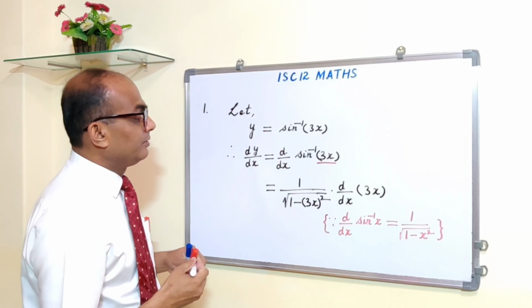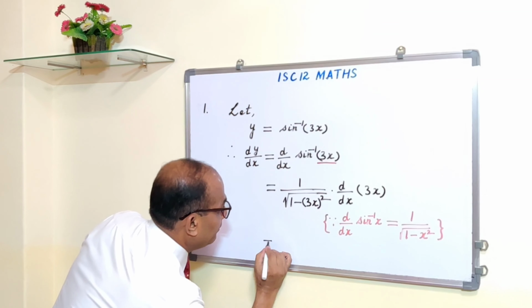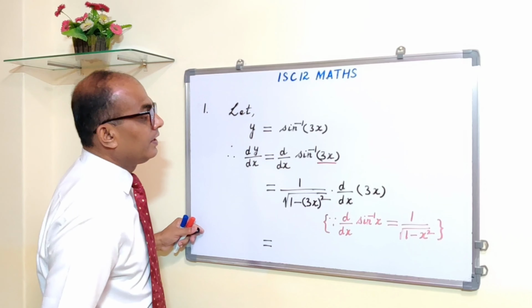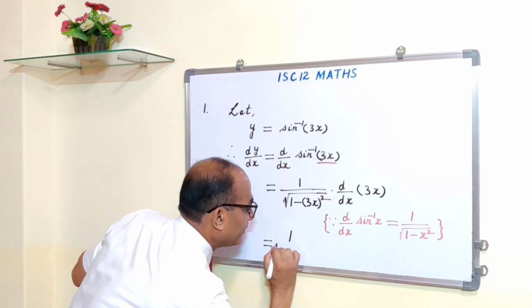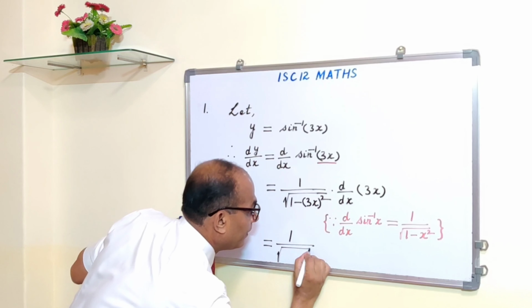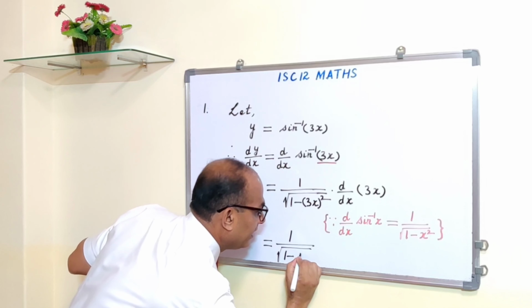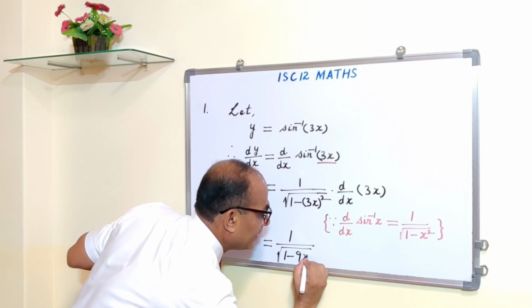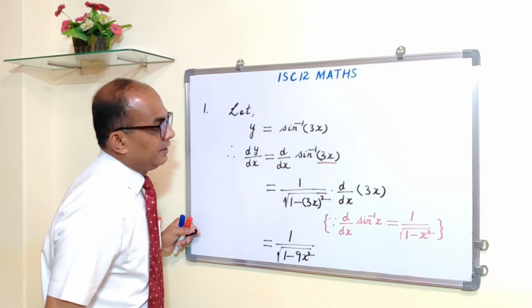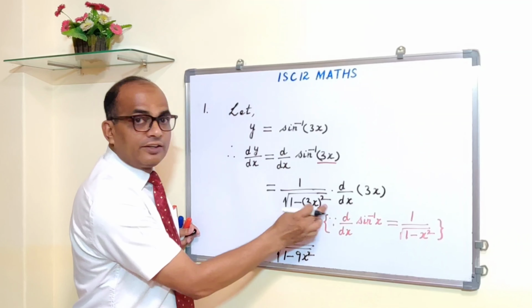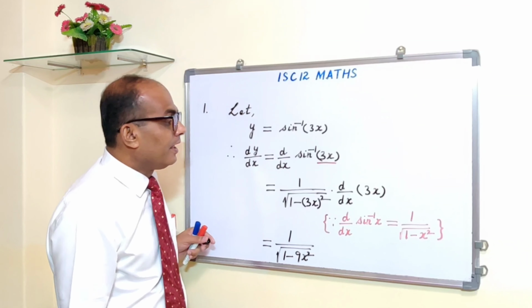And this is equal to 1 over root 1 minus 9x square, because 3 square is 9 and x square, 9x square.